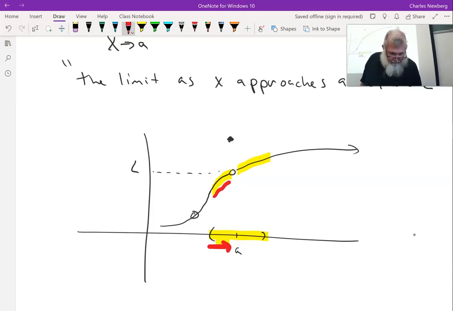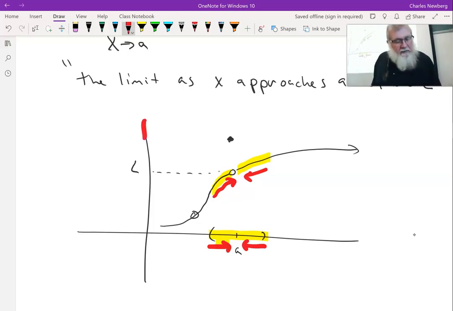We're going into those values there. Is that approaching some Y coordinate? Well, it looks like it's approaching this Y coordinate there. As we go in from the other side, does it look like it's approaching that same value? It does.